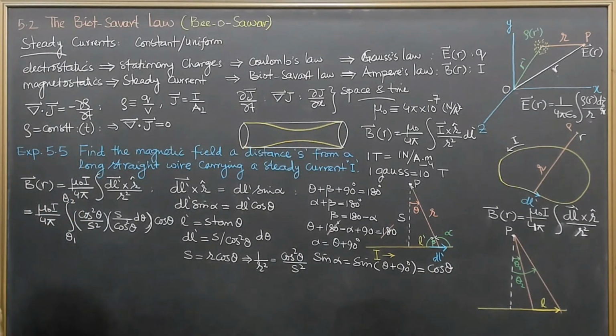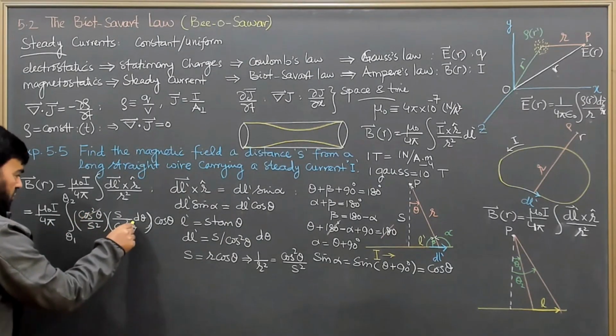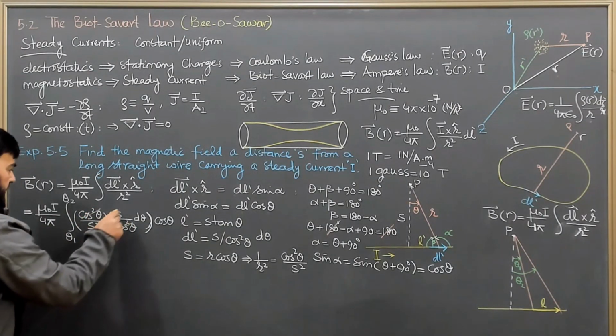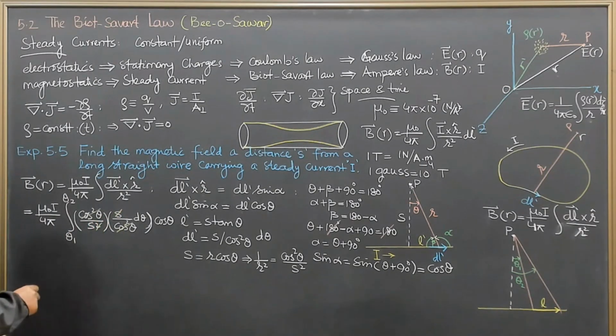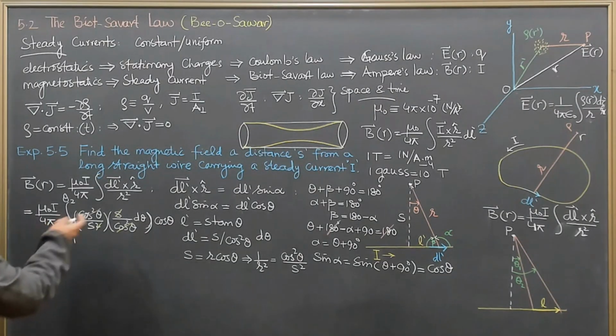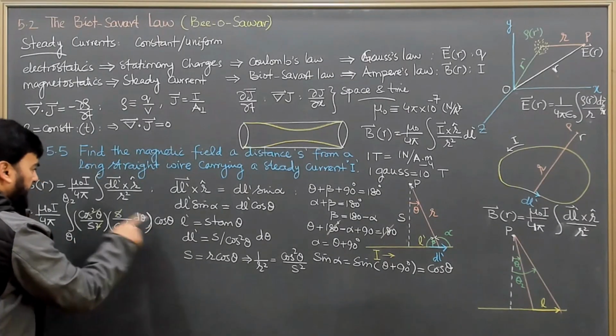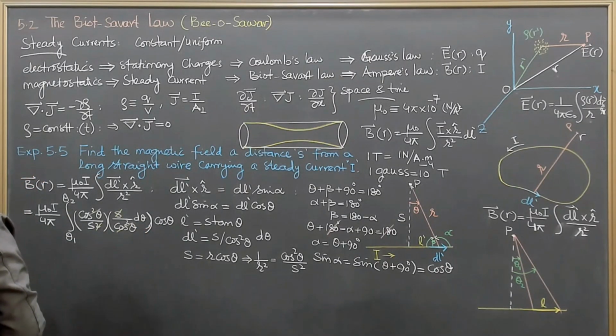Now there is some simplification here: cos square theta is gone with cos square theta, the s here is gone with the square of this one, so only one s remains, and we are left with 1 over s, cos theta and d theta.